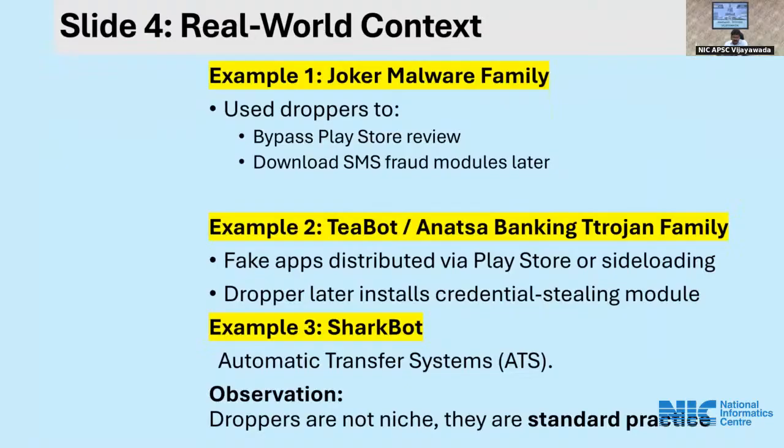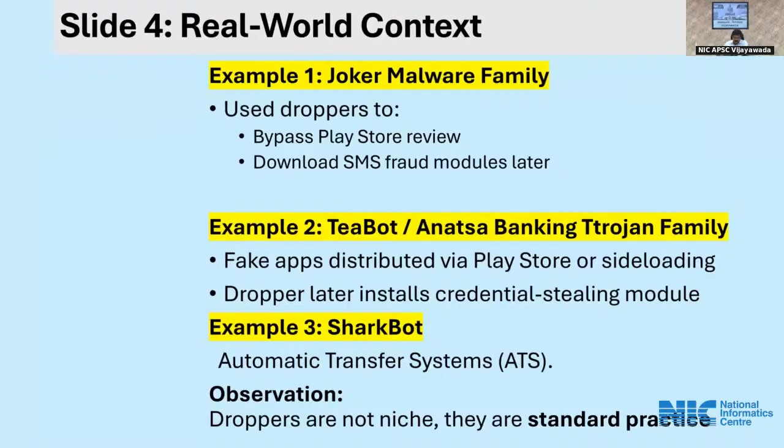The typical Joker dropper is a utility app like a keyboard, a wallpaper changer, a messaging sticker app, or a PDF reader, etc. It gets uploaded to Google Play Store. It passes all static checks and gets installed by hundreds of thousands of users.